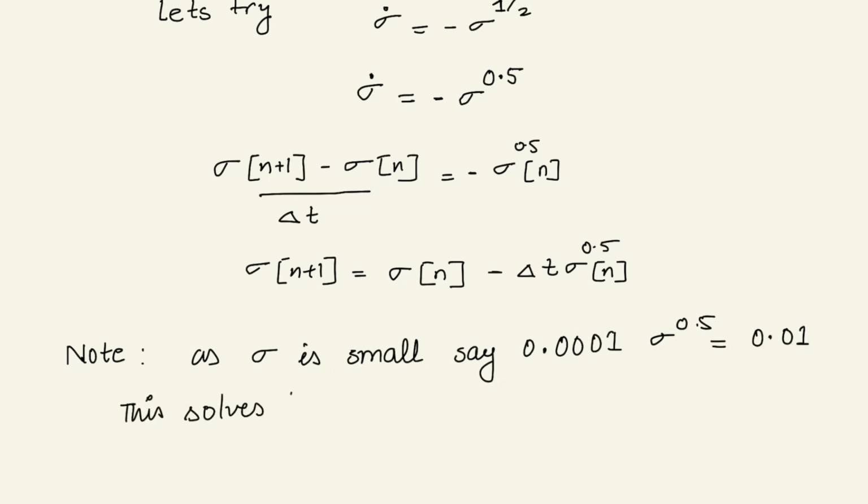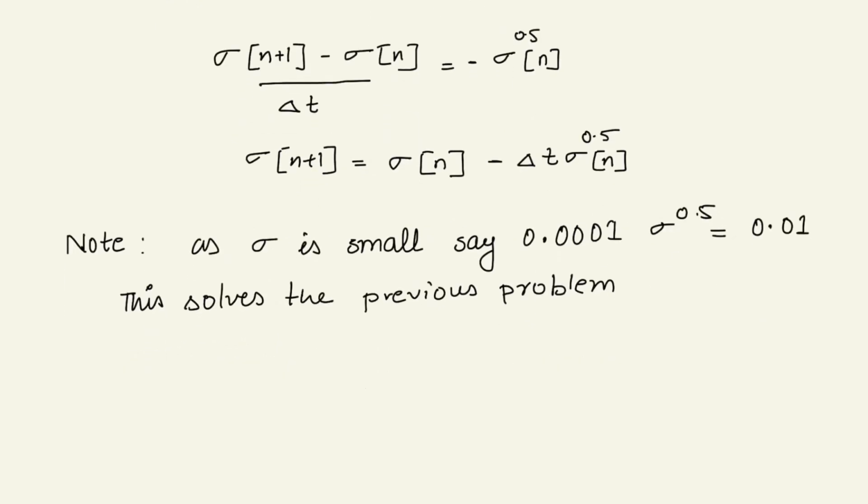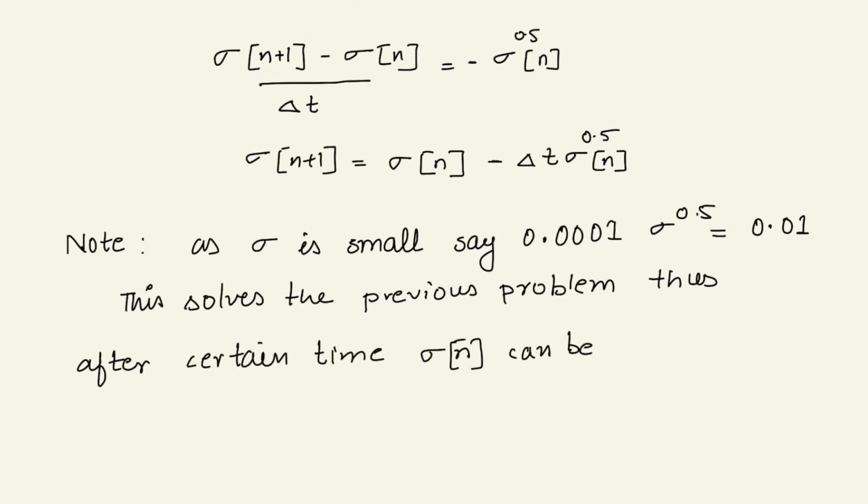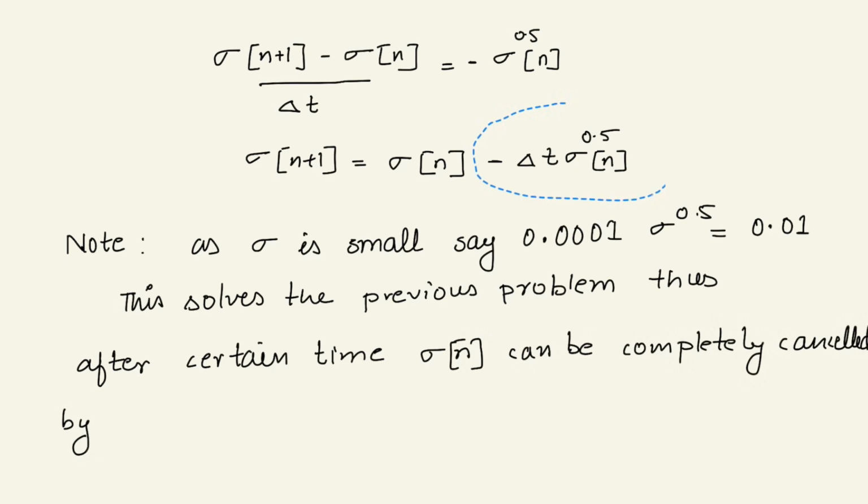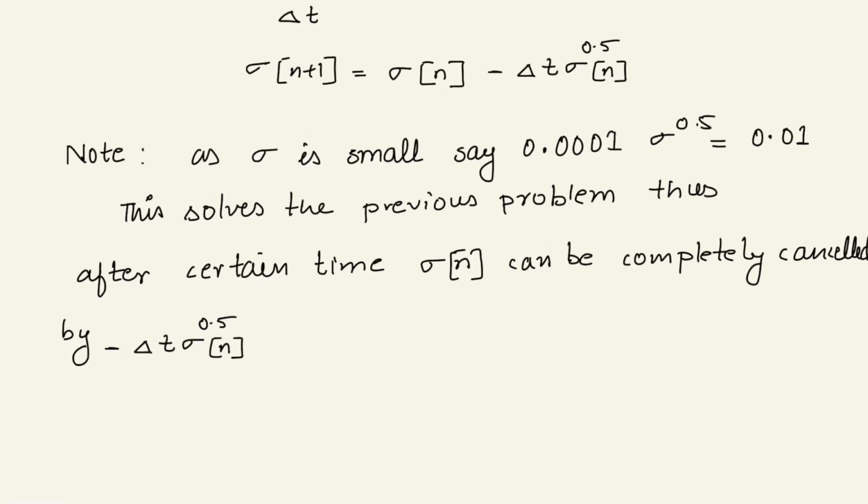This will have a major impact. In every iteration, the factor is going to reduce from the present value, but as sigma becomes small, the square root of that smaller value is not going to be a very small value. It is going to be a bigger value.